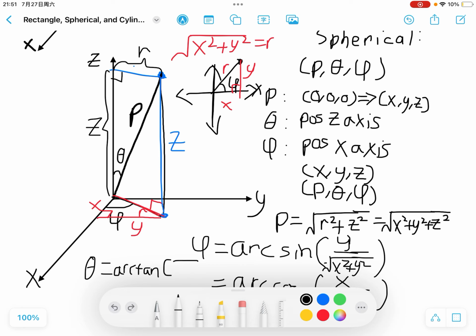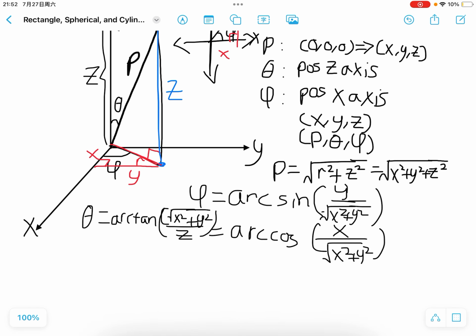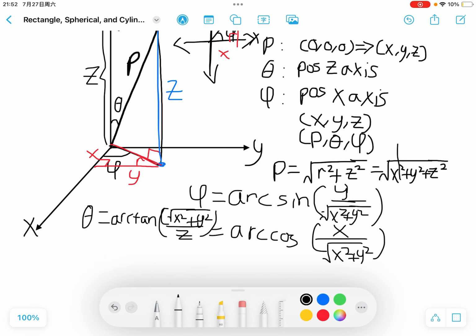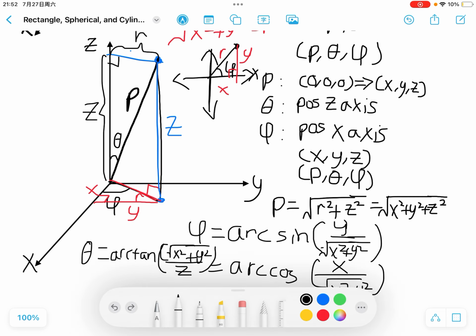You can also rewrite that as arctangent of root x squared plus y squared over z.